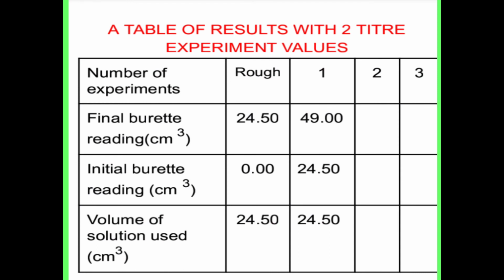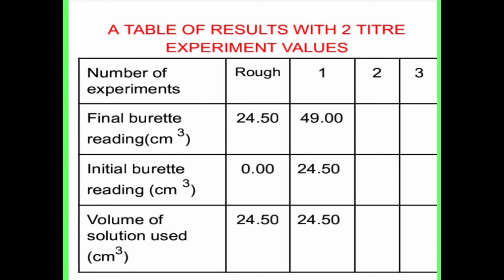The rough is finished. Now we are on the first experiment. In the first experiment, our final burette reading was 49.00. Our initial was 24.50. When you subtract the initial burette volume from the final burette volume, we shall get 24.5.